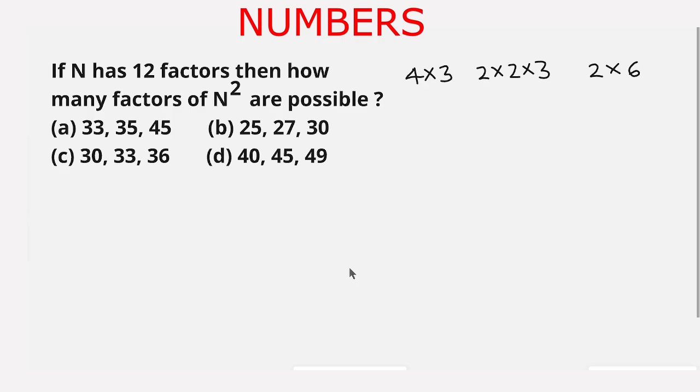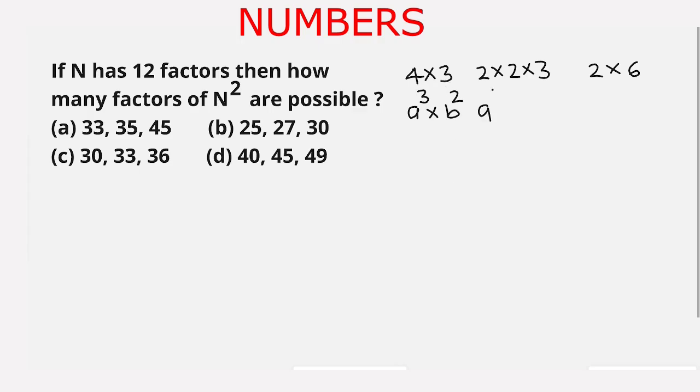Then n can be a^3 × b^2, where a and b are prime factors of n with the power 3 and 2, because if a has power 3, then 3 plus 1 is 4, and b has power 2, so 2 plus 1 will be 3, and with that 4 × 3 will be 12.